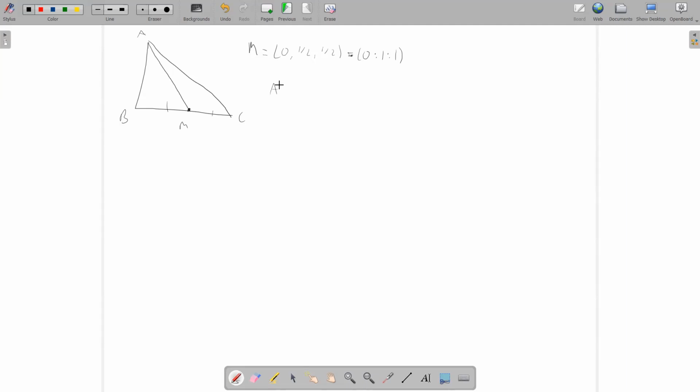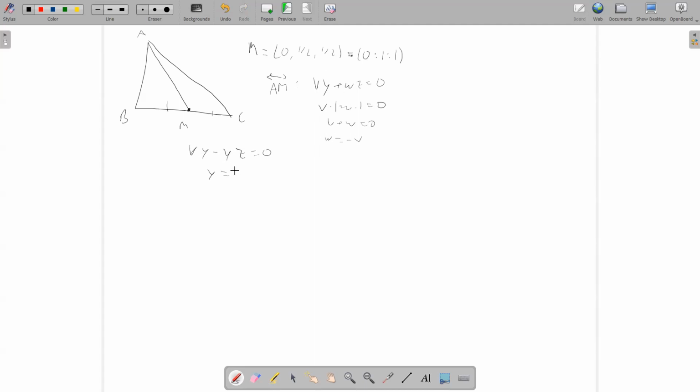And then this line, AM, as well, you can say, you either call it Vy plus Wz equals 0, and then plugging in M, you see that V times 1 plus W times 1 equals 0, so V plus W equals 0, so W equals minus V. You just have Vy minus Vz equals 0.